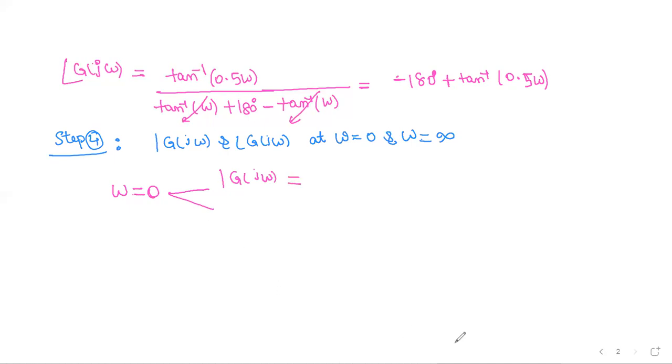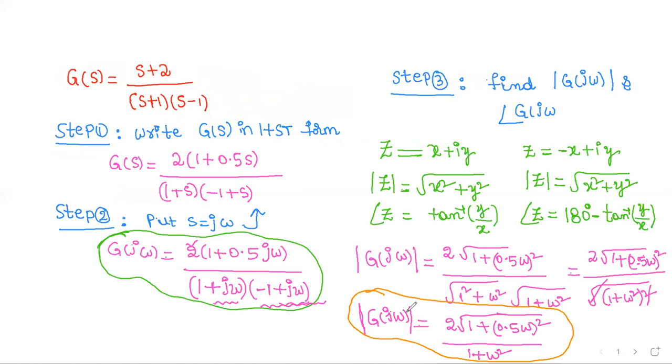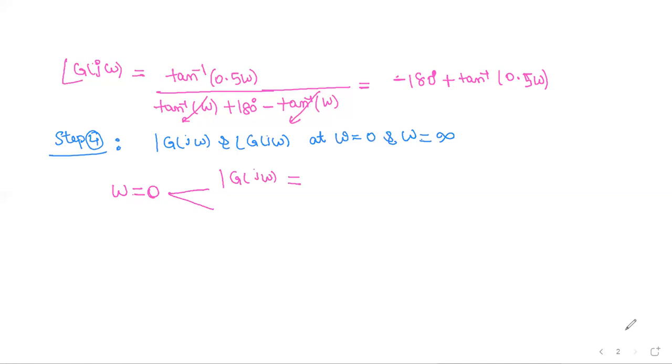In this magnitude, if you substitute omega equal to 0, this becomes 2 by 1 plus 0. So the magnitude value is 2 only. If omega equal to 0, what is the phase angle?